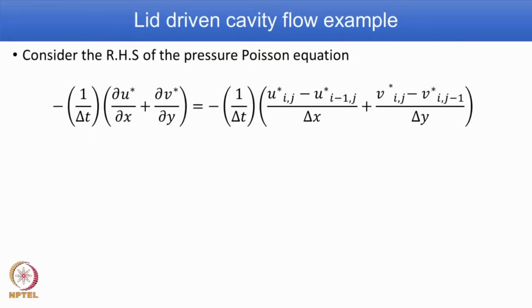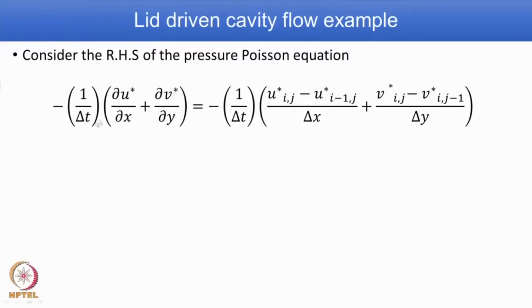We have explained how to do the LHS of the pressure Poisson equation. Now, we do the right hand side of the pressure Poisson equation. The right hand side of the pressure Poisson equation has actually the source term, which is related to the intermediate velocities u star and v star as shown here, that is minus 1 upon delta t equal to dou u star by dou x plus dou v star by dou y.